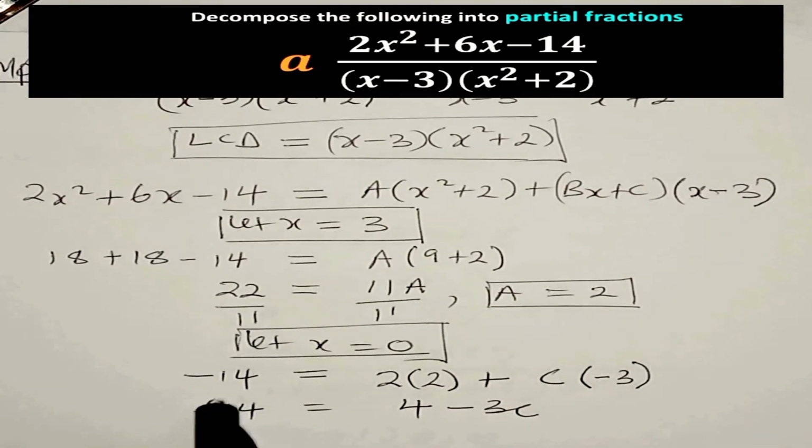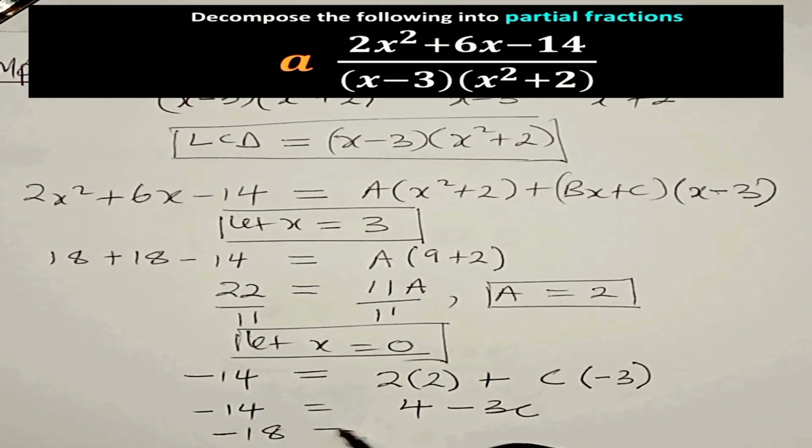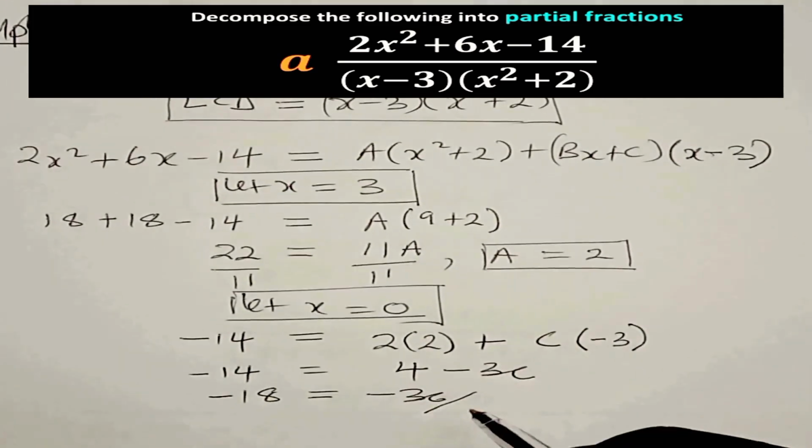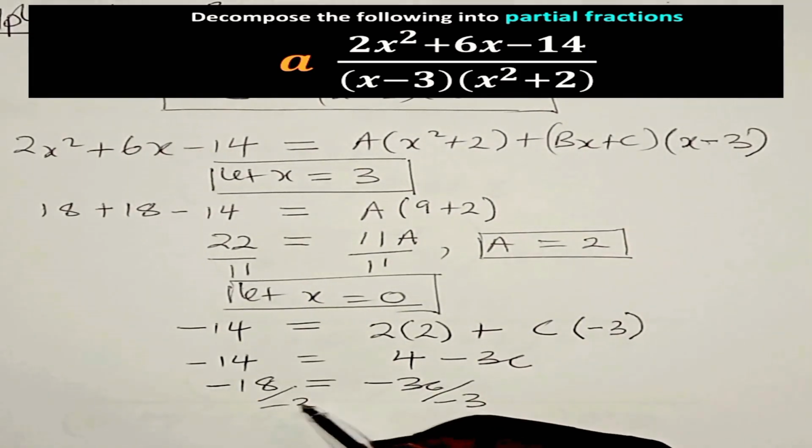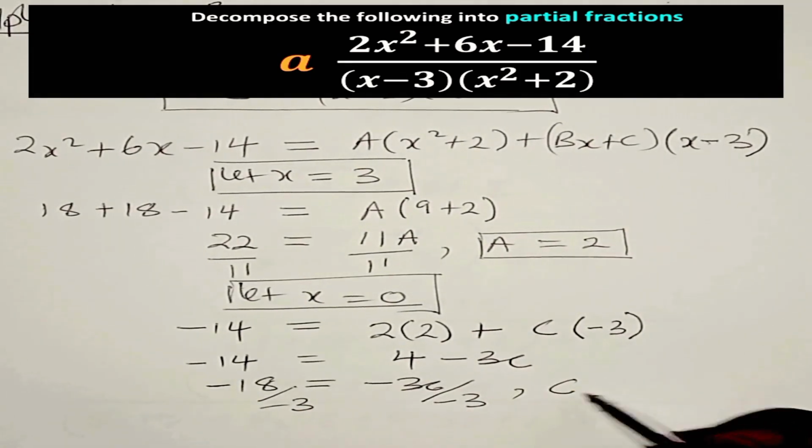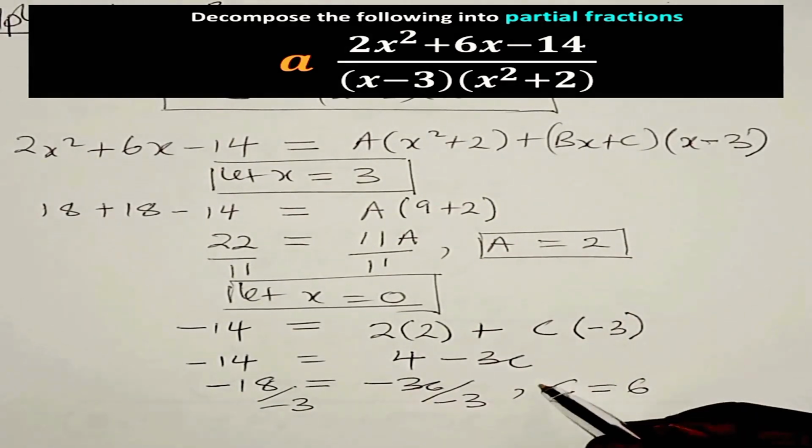Then this 4 crosses over, it becomes negative. Then minus 4 minus 14, you get minus 18. That's equal to minus 3C. You divide by minus 3 on both sides. Then C is equal to 6.